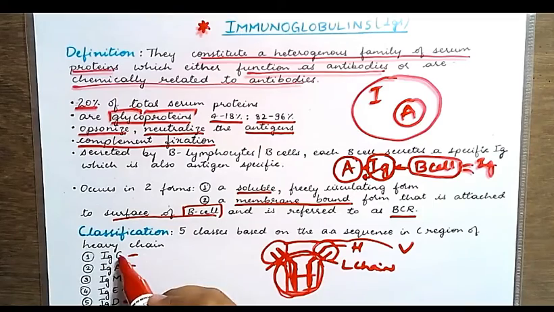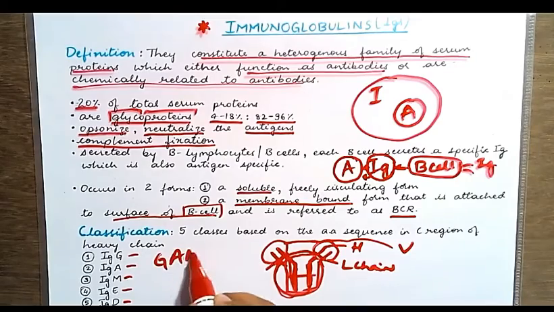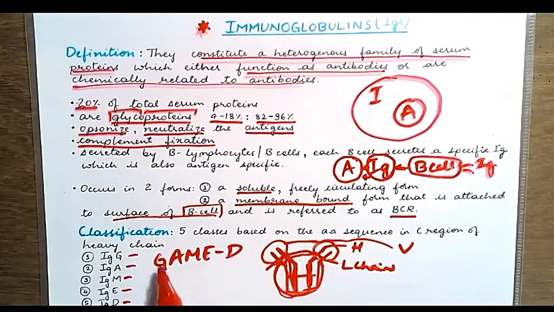If anybody is finding it difficult to remember the alphabets that are associated with these immunoglobulins, you can remember it as GAMED, which means it's a game of diseases, or whatever you want to term it as. So this way you won't forget which are the letters that are associated with these immunoglobulins.